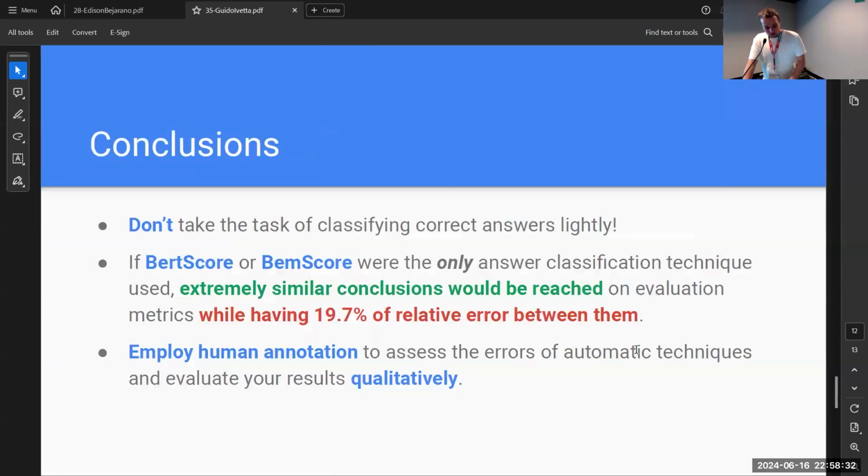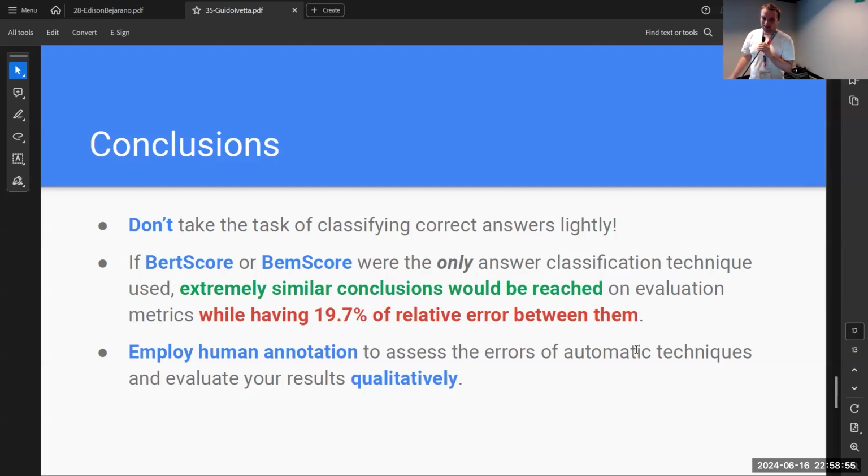So the conclusion of my paper is, don't take the task of classifying correct answers lightly, because you might say, okay, we'll just use BERT score, or we might just use BEM score because we just programmed that. And we have extremely similar conclusions, but we have tons of relative error between them.